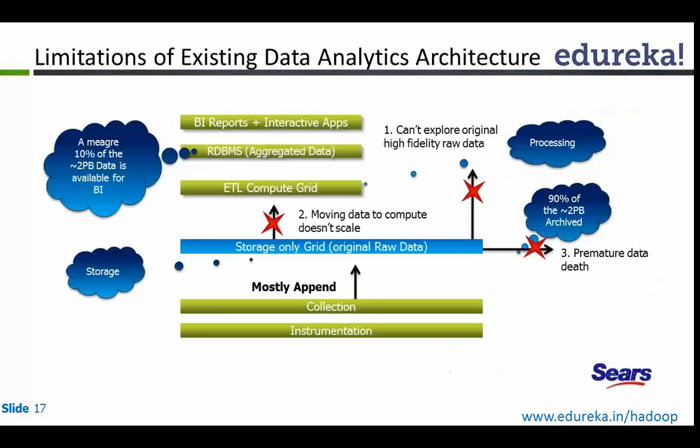Okay, so some of the challenges you might also see with a traditional or conventional data warehousing platform: the first thing is you will be storing the raw information only in a limited way. What I mean is, when you extract or instrument a lot of data from different sources, you don't store the raw data as is in conventional data warehousing platforms.